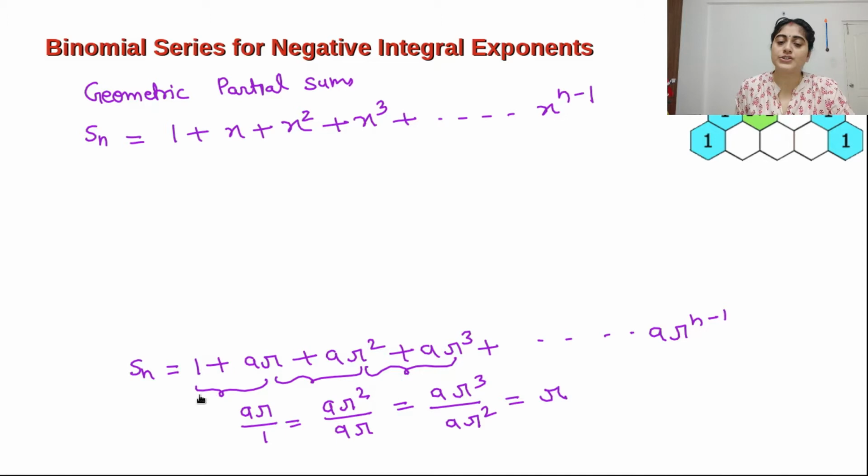So the ratio of these terms will always be equal. That is the property of geometric partial sums, and that is the meaning of geometric.